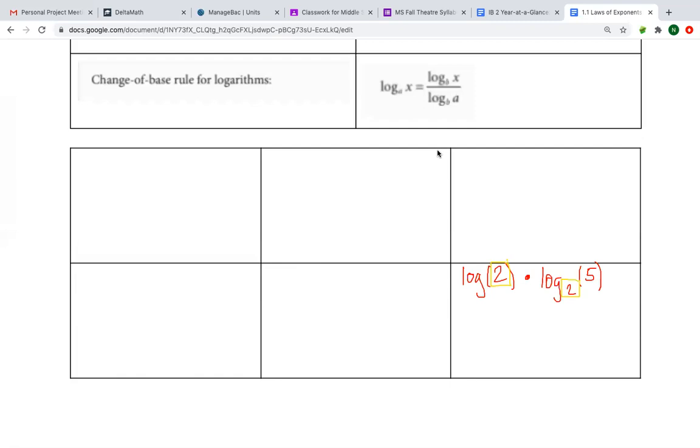The reason why this is the one that comes up most frequently is because when you use the change of base formula on this section, this one becomes log of 5 divided by log of 2. And the reason why this is so convenient is because since this log of 2 is here, then these 2 log of 2's can cancel. And that means that our final answer is just log of 5.